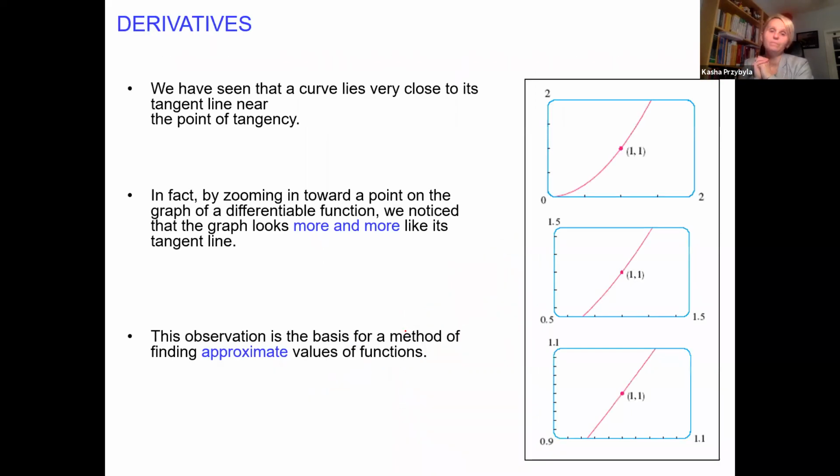This is the picture to convince you even more: when we take the curve and zoom in, you may look at the scale from 0 to 2, from half to 1.5, from 0.9 to 1.1.